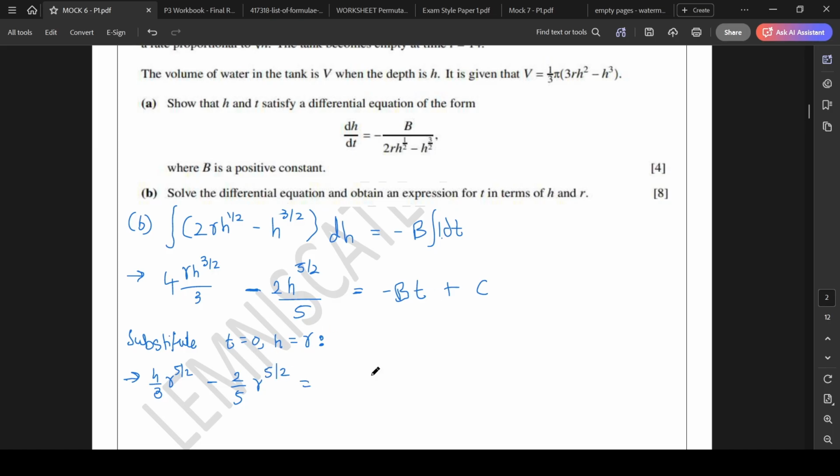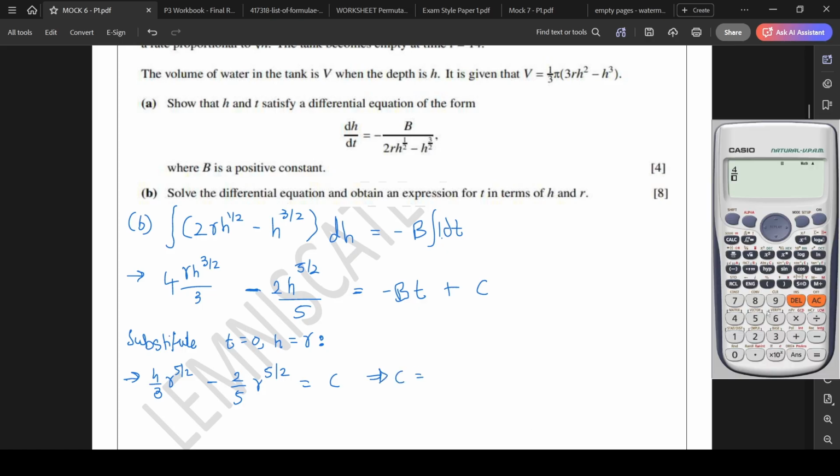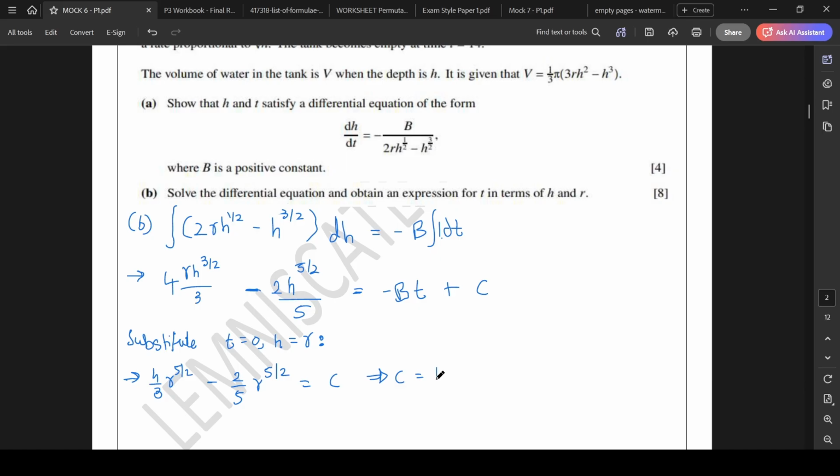The value of t was 0, so this is equal to c. So if I simplify this, I'll get c is equal to what? 4 over 3 minus 2 over 5, that comes out as 14 over 15. So this is 14 over 15 r to the power of 5 over 2. So this is the value of the c that I've got.